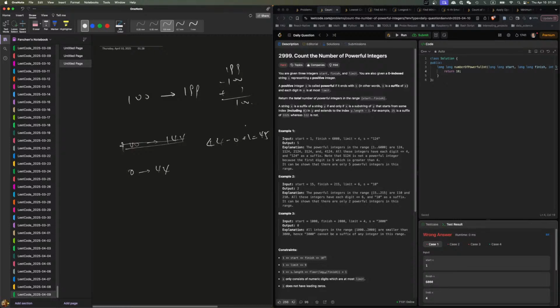But in a base-five system, where you count 0, 1, 2, 3, 4, and then after 4, you count 1, 0. You just go 1, 0, 1, 1, 1, 2, 1, 3, 1, 4. And then 2, 0, 2, 1, 2, 2, 2, 3, 2, 4.